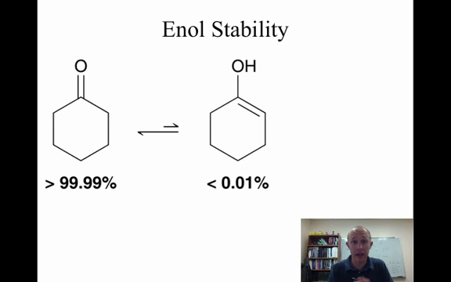Before we talk about the mechanism for forming enol tautomers, the first thing that you want to keep in mind is this is one of the first examples of an equilibrium that we're going to look at where the starting material is actually almost exclusively favored. So 99.99% of our mixture, or more than that, is going to exist in the ketone form, and only a very, very small fraction is going to exist in the enol form.